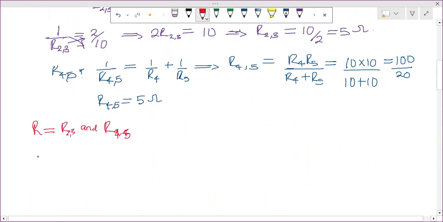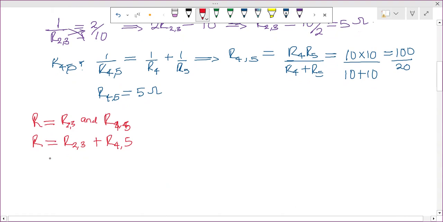Since they are in series, R will be equal to R2,3 plus R4,5, as simple as this. So R is equal to 5 ohms plus 5 ohms, which will give us 10 ohms.